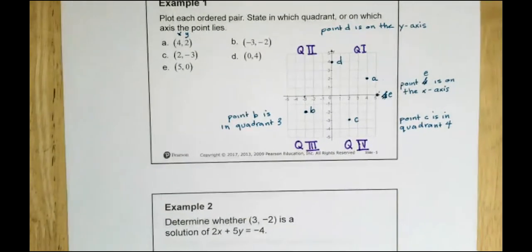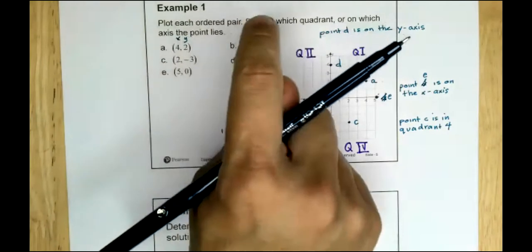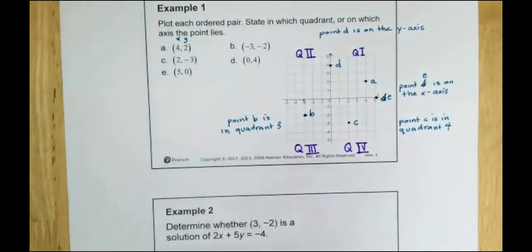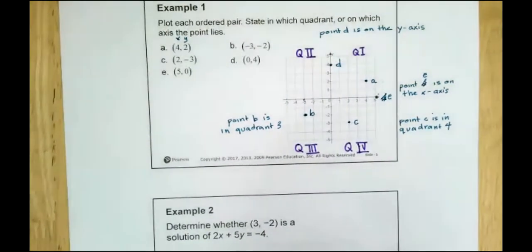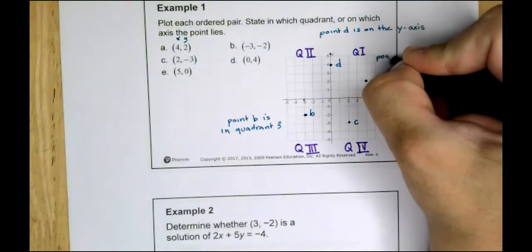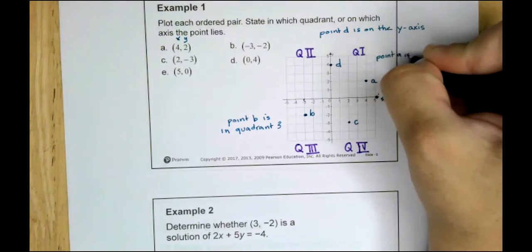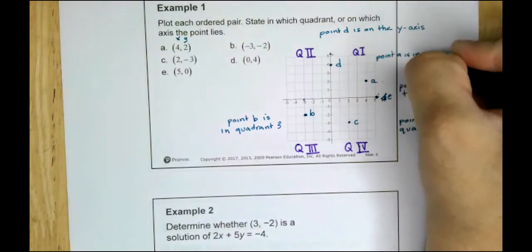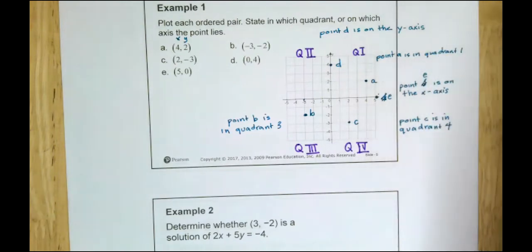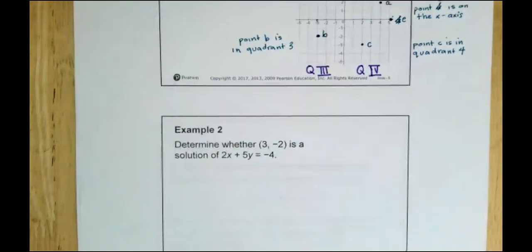Okay. So now we know what a quadrant is. State in which quadrant or on which axis the point lies. So now all we have is point A. Point A is in quadrant 1. All right, example 2.